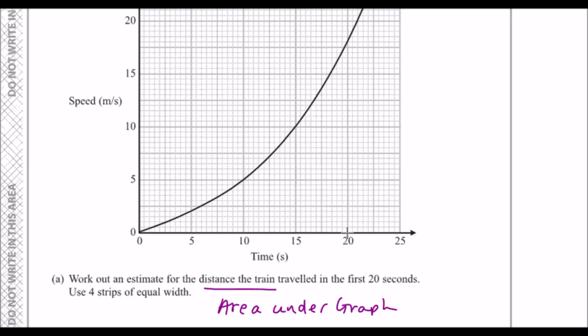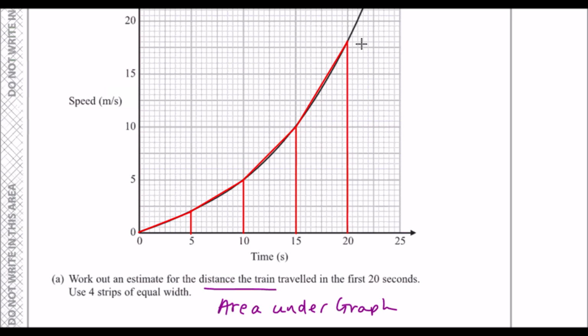So the area under this part of the graph, and we're doing it by getting 4 strips. So we're cutting it into 4 strips, and we're just going to join them up with straight lines, and that's why it's an estimate, because they're straight lines.